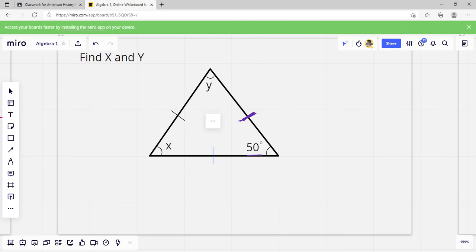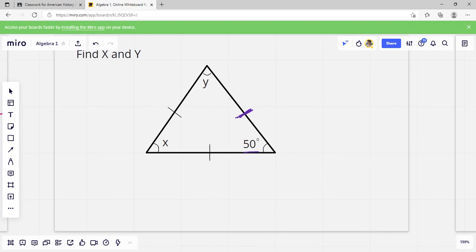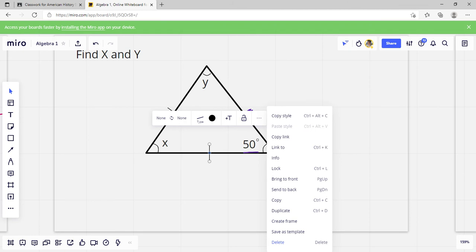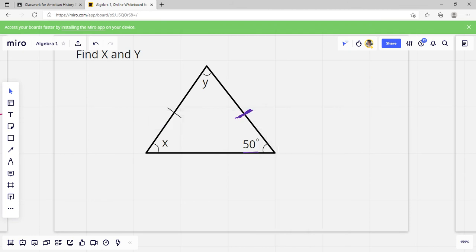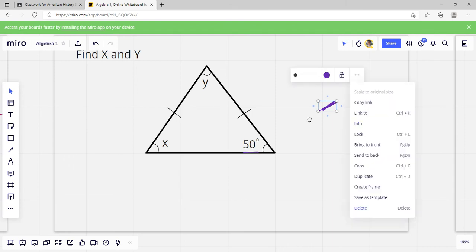Delete. Can I move it? Nope. Aha. There we go. Okay, it's supposed to look like that.